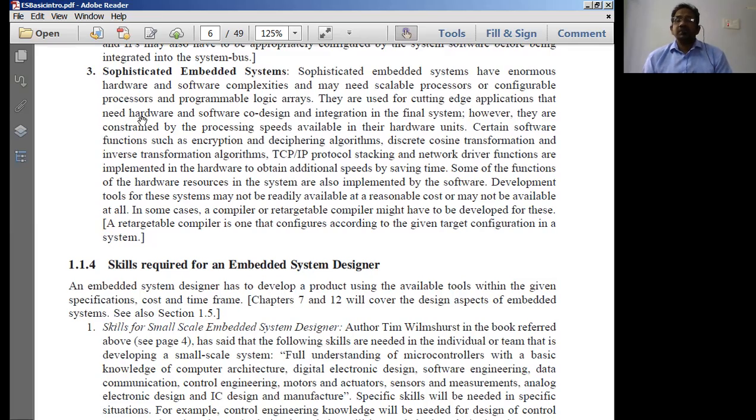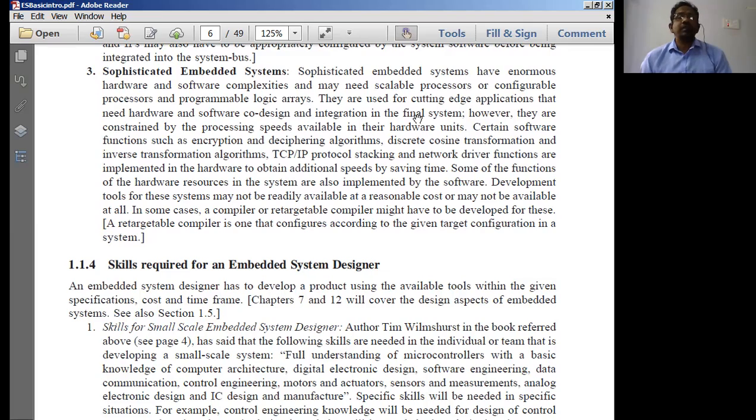That means if required, the functionality provided by the hardware for a given software will change based on necessities. That is how the hardware becomes a sophisticated embedded hardware system. So the best example is the Vikram lander.